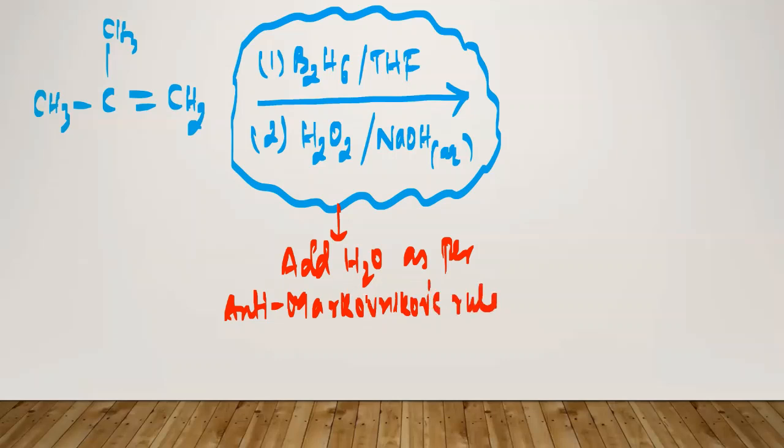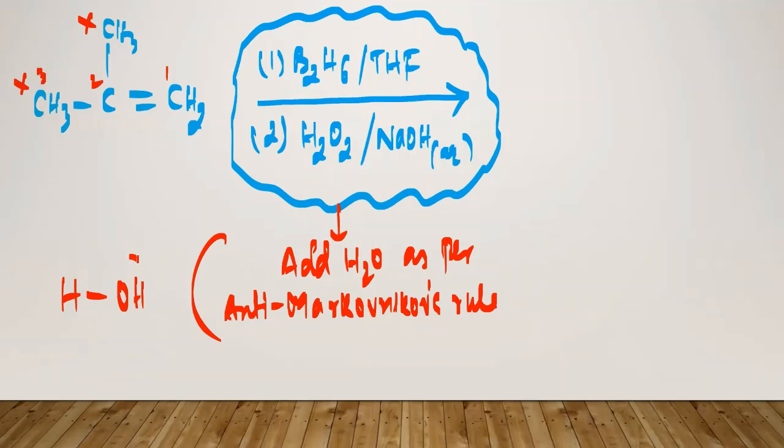So dear friends, you will be adding water in these 2 steps. I am telling you overall what is happening in this reaction. So when you are adding water, the hydrogen will go to that carbon which has less number of hydrogen, and the OH group will go to that carbon which has more number of hydrogen. And we know that this will not participate. Carbon number 1, carbon number 2, carbon number 3.